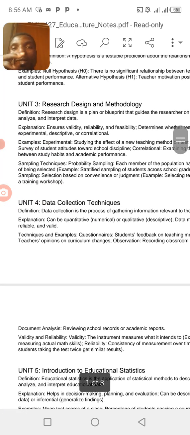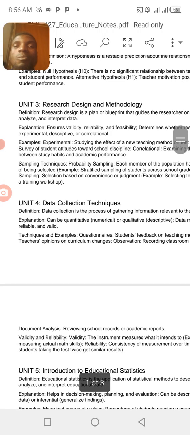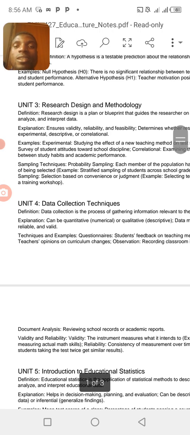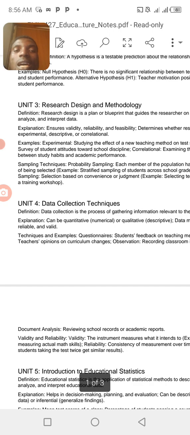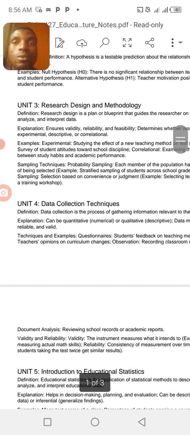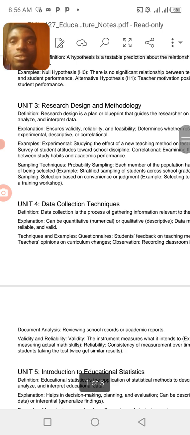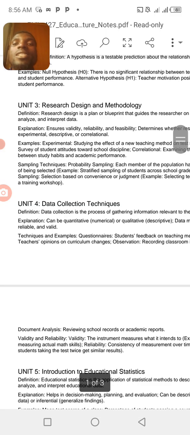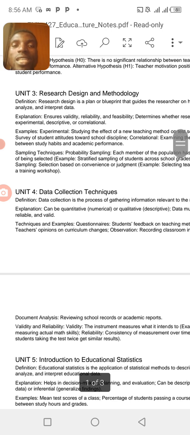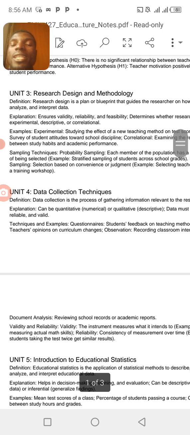When you are carrying out your research work, one thing you must consider is the research plan. How you are going to achieve your result is what we term research design and methodology. It is a sequential guide that helps you to collect, analyze, and interpret data.